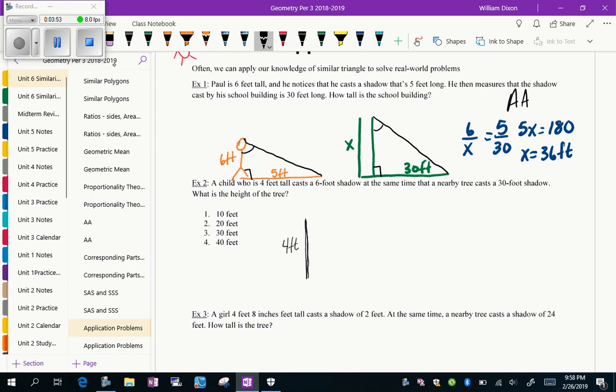My shadow, 6 feet. And then my tree is going to be x, because I want to know the height of the tree, and its shadow is 30 feet.